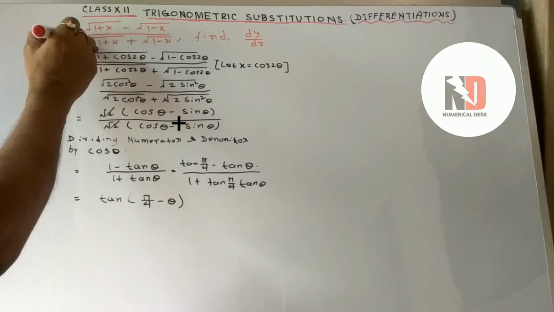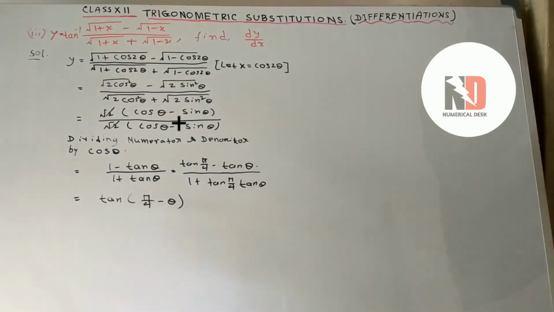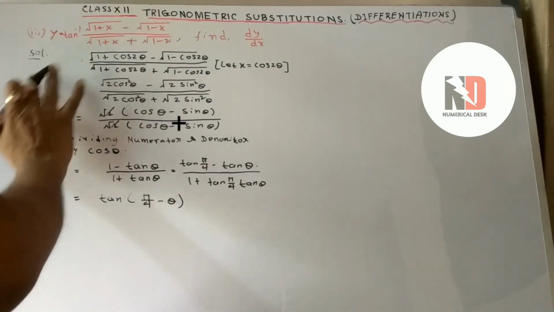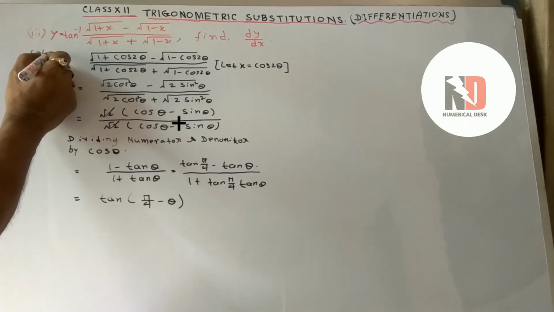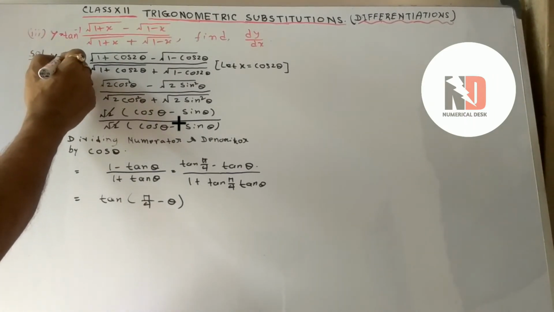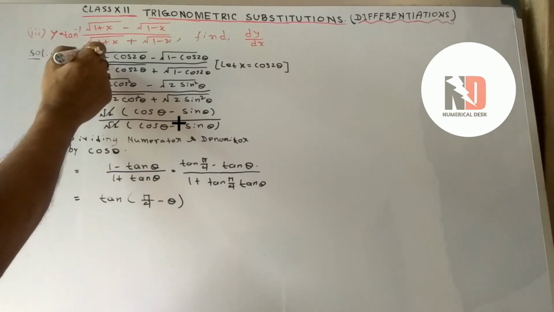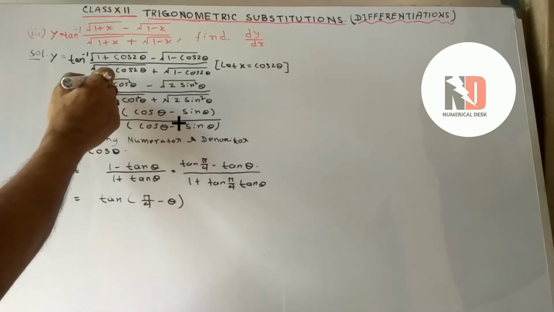There is a tan inverse in the beginning, so this tan of pi by 4 minus theta, the tan will be removed, because tan inverse tan x equals x. I am actually doing this while running, so let us continue.